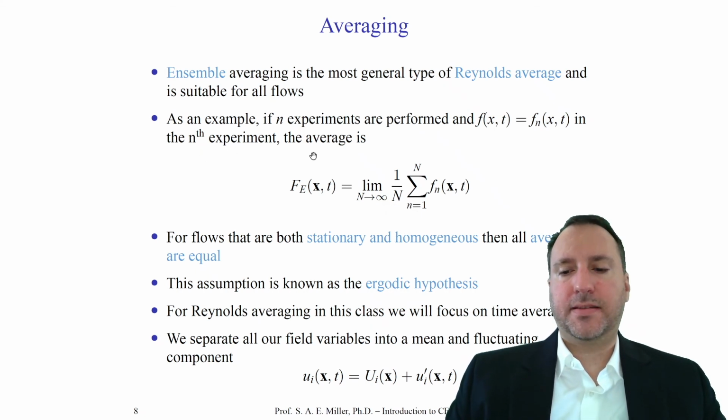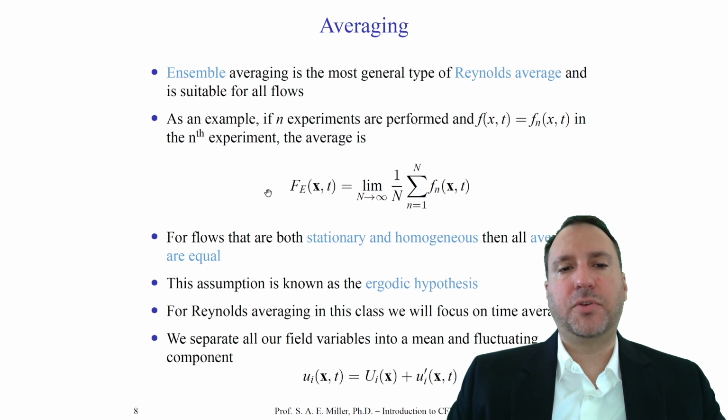So we can rewrite the time average and generalize it into the ensemble average. Now, a time average is a special case, of course, of the ensemble average. F, which is our ensemble average quantity, would be the limit as n goes to infinity, the number of experiments goes to infinity, of 1 over n, times the sum over all experiments of that particular measured quantity.